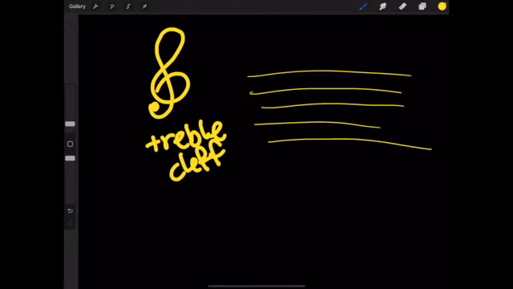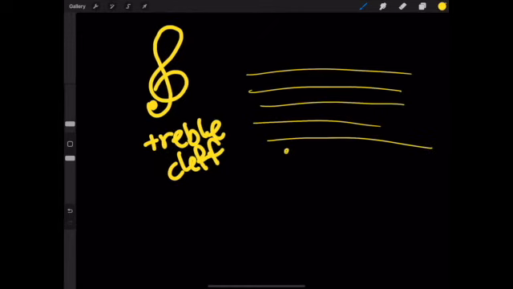Remember, the staff is our 5 lines. When we draw it on here, it looks like that. And this part here circles around that line, which is G. This line here, okay? Now remember, when we're ascending, we go in alphabetical order. When we're descending, going down, we are going backwards. We are going through the alphabet backwards, okay?